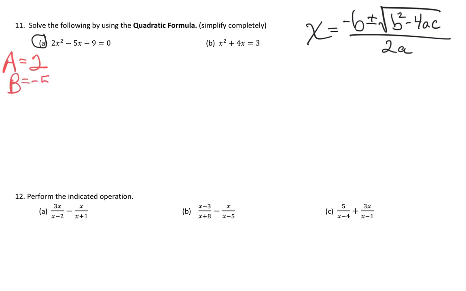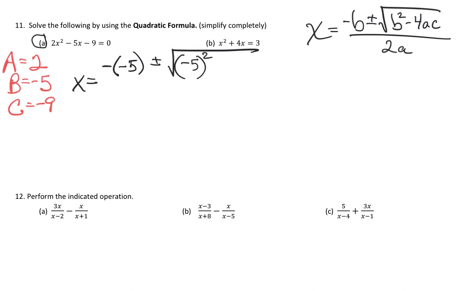B is -5. C is -9. Let's see how this works out. Let's plug it into our formula. Negative B, B is -5, so negative B, plus or minus the square root of B squared, -5 squared, minus 4AC, all over 2A.